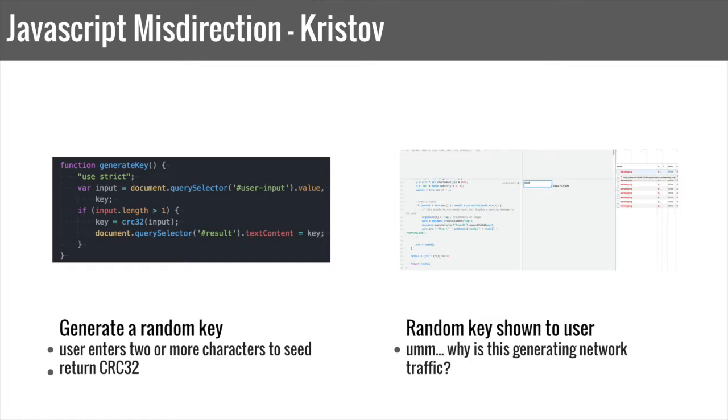To the right of that, there's the area that's rendering the HTML and running the JavaScript. And you can see the user has typed in something. They've gotten some kind of key back. It's a bunch of numbers just to the right of that. And then over on the far right side, there is the network browser for Chrome, and it's showing, suspiciously, that there's some network traffic being generated as the user is shown their key.